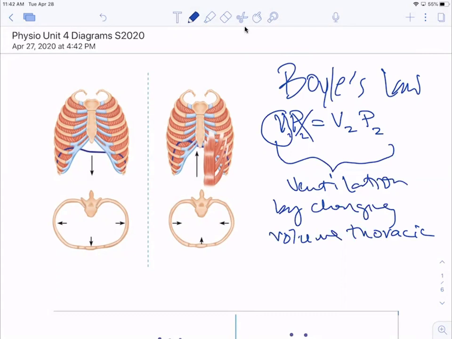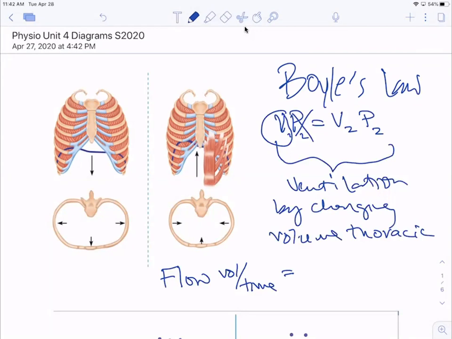And this is important when you're trying to understand airflow. So airflow is a rate. It's always going to be a volume per time. And so this volume is determined by changing the volume of our thoracic cavity. And that in turn changes the pressure in the intra-alveolar space with respect to atmospheric pressure, setting up a pressure gradient.